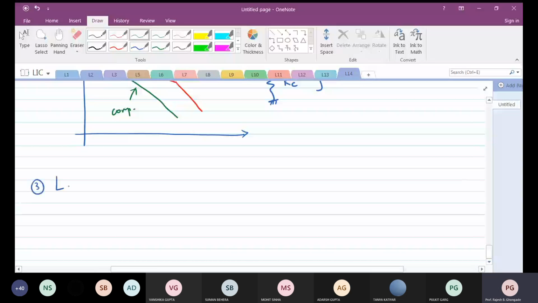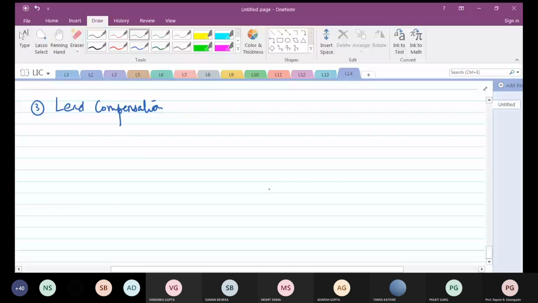There is a third method called lead compensation. Normally, if the operational amplifier manufacturer does not give any facility for frequency compensation, what we do is in the feedback loop we connect the capacitor like this.